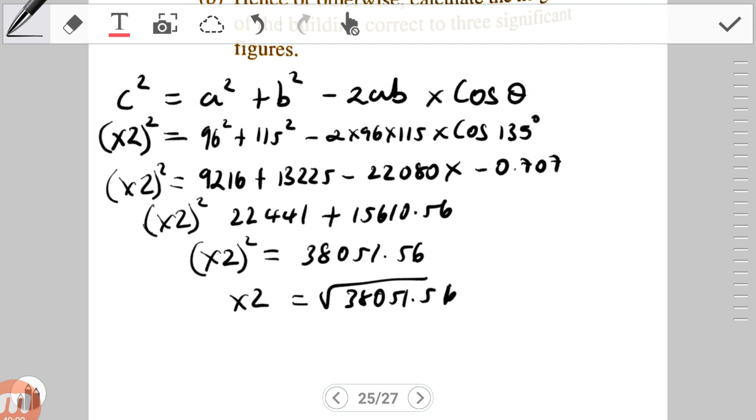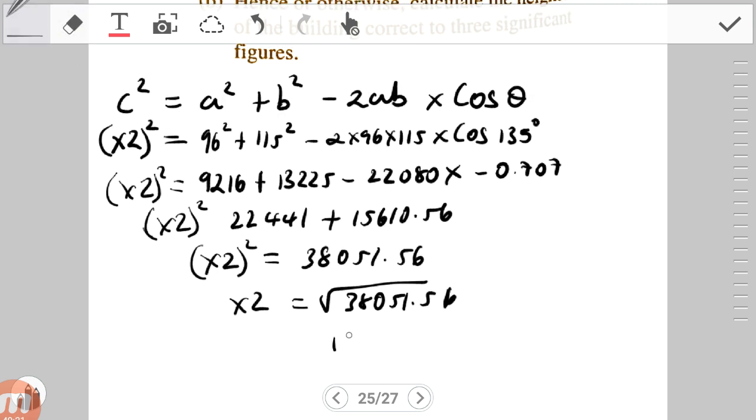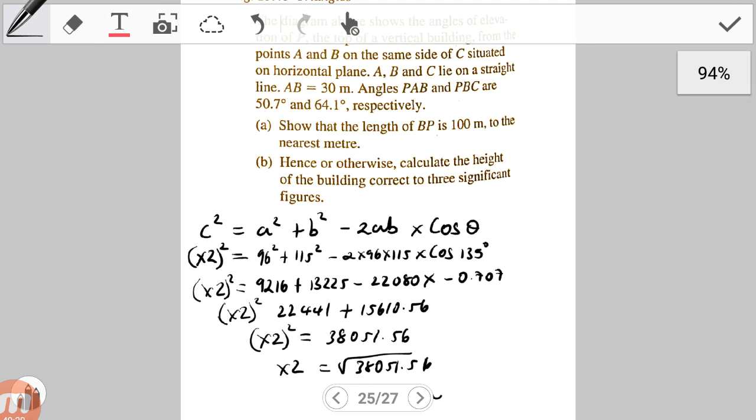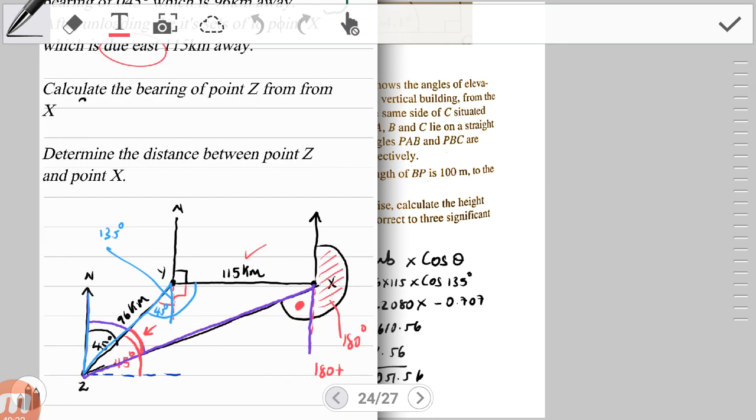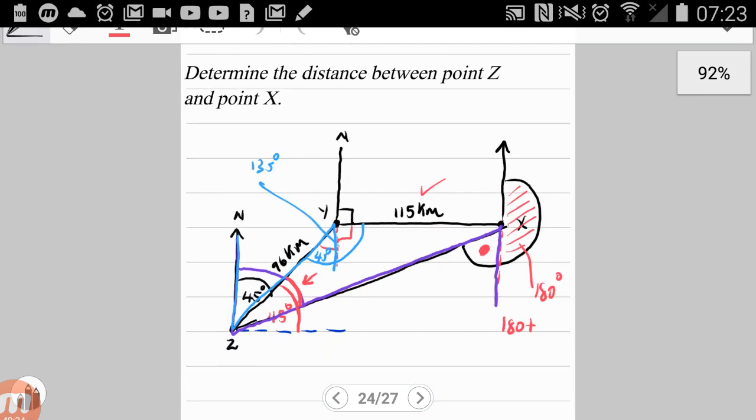My calculator here, guys, I have to press shift to activate my square root, so don't mind that. You should have a square root button on your own. So that's 195.07 rounded off to 2 decimal places. That's kilometers.